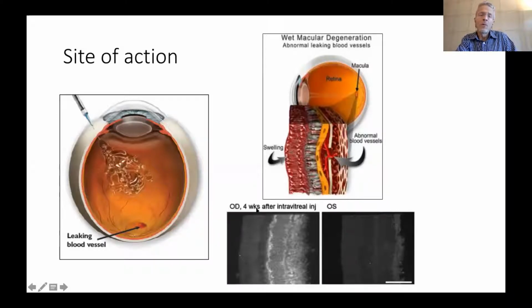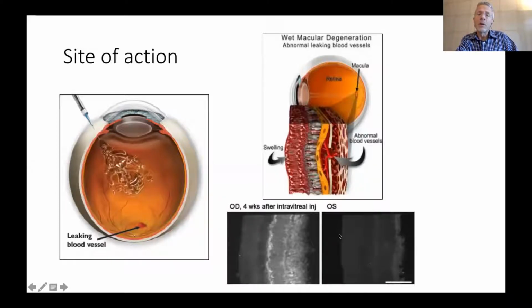Here we see pictures of a rabbit retina that was injected with an antibody. This is the vitreal side of the retina. After 1 month, the animal was sacrificed and the retina was sectioned. Here a section was stained with a reagent that recognizes the injected antibody. You can see that the signal, this white substance here, indicates that the antibody was able to move into the retina.